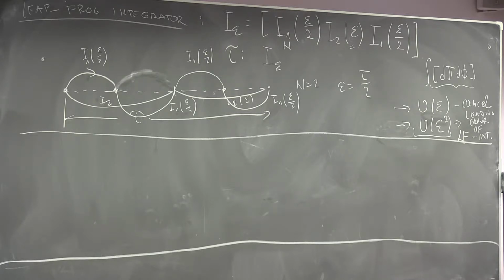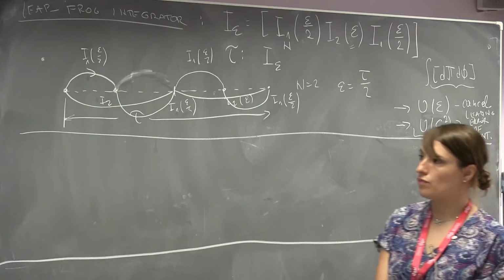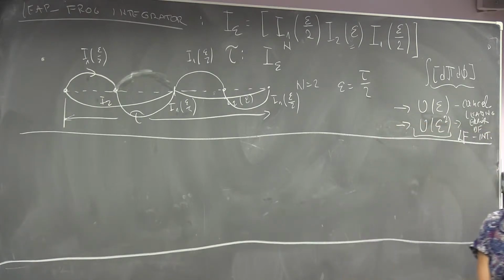The time reversal you can see fairly easily if you just take the matrix of transformation, exactly, the Jacobian and the measure.